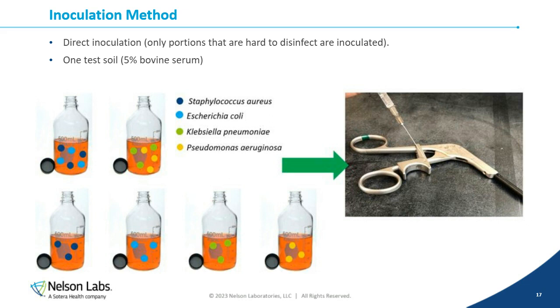So that is the safe option and the more conservative option. If you do perform the inoculation using a mixed suspension, you just want to ensure that you are taking into account any competitive inhibition and ensuring that that is not occurring during your testing.